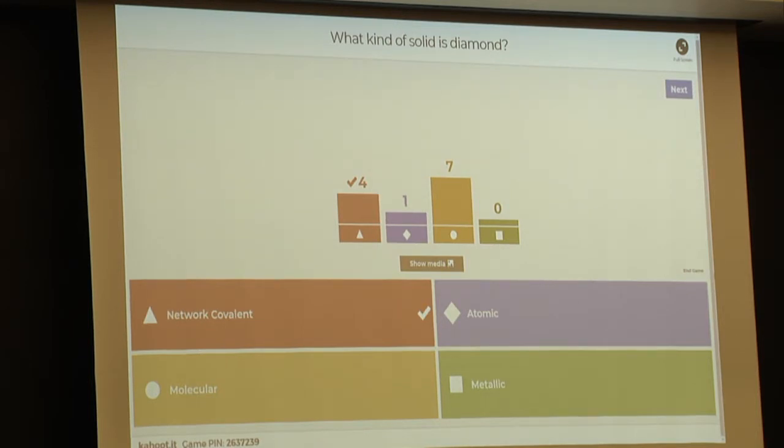A diamond is network covalent. You guys need to read your textbook before your exam and make sure you go and outline all the chapters. All right, next.